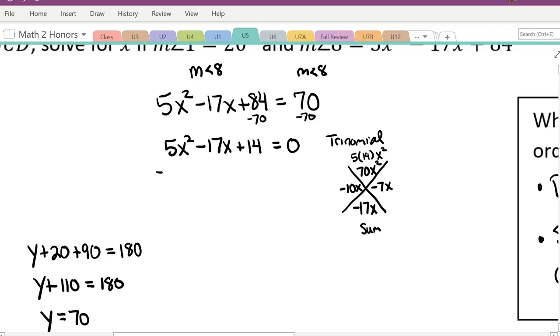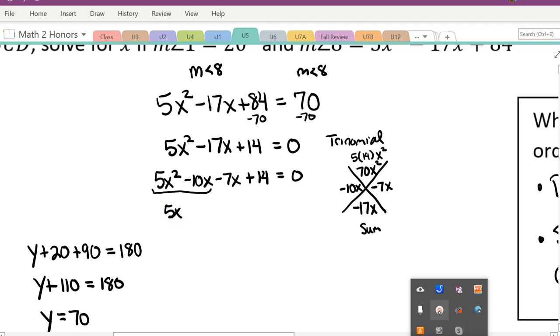So in my problem I have 5x squared, and instead of negative 17x I put negative 10x and the negative 7x plus 14 is equal to 0. So I've transitioned from 3 terms to 4 terms, and then I factor it by grouping. So I look at the first half, factor out the GCF, which is 5x, and what's remaining is x minus 2.